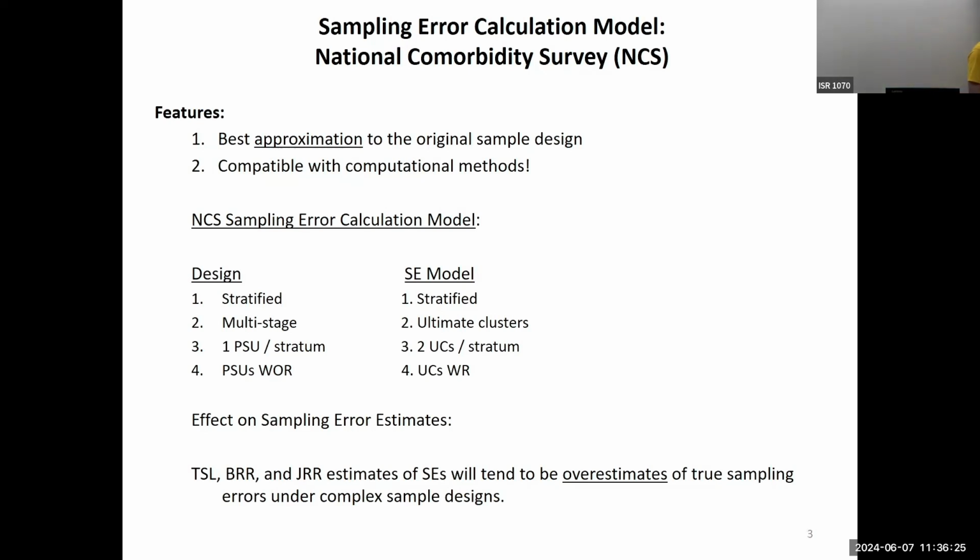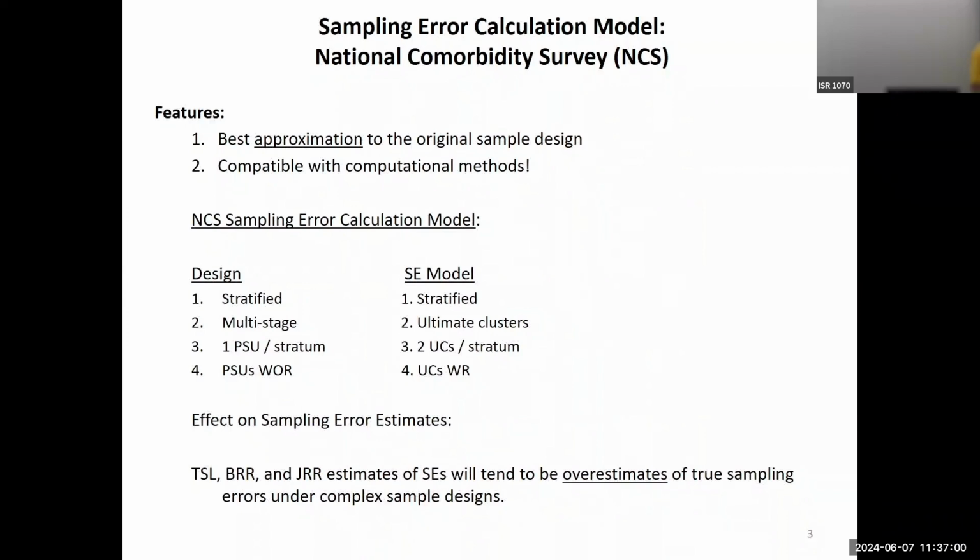So in that sampling error calculation model, we still retain the essential stratification. We form what are called ultimate clusters that summarize the multi-stage process. We're going to talk about that, but basically that multi-stage sampling process results in one cluster of observations from a given PSU. We either combine or collapse these original PSUs to form two ultimate clusters per stratum. And now we have two pieces of information per stratum that allows us to calculate a variance contribution.